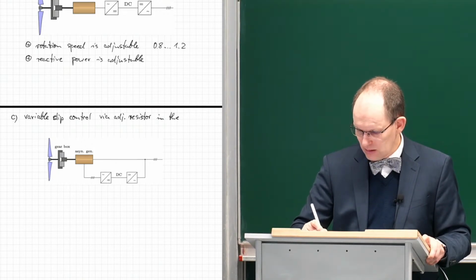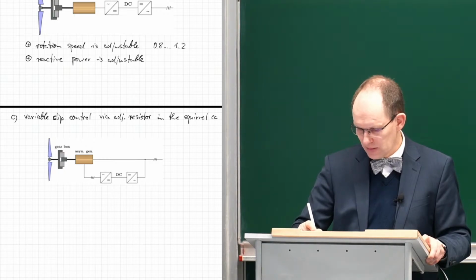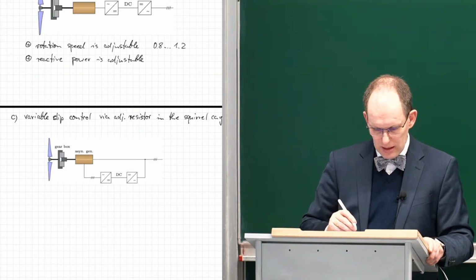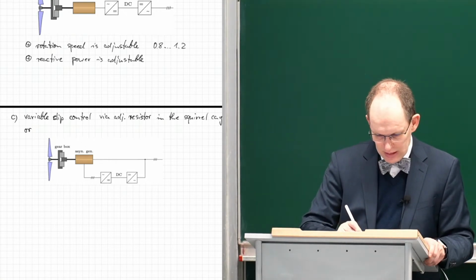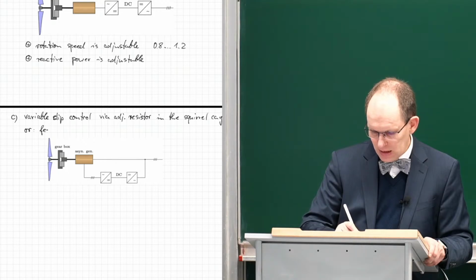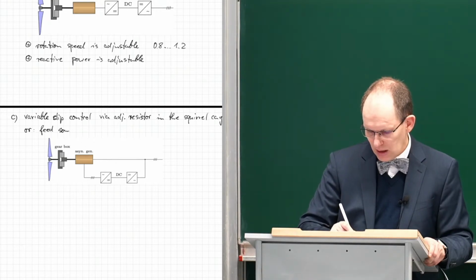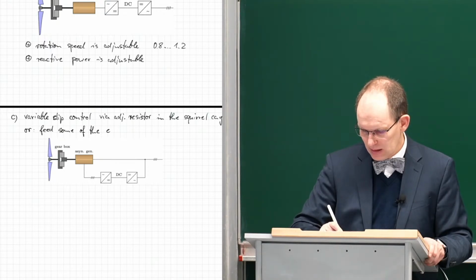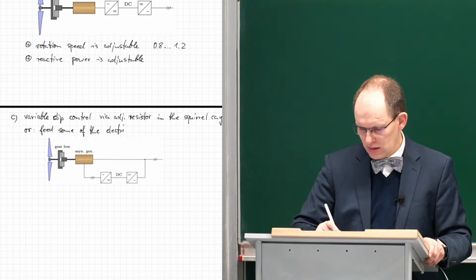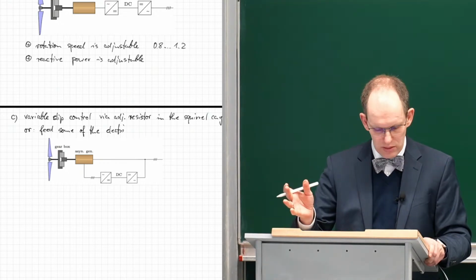In the squirrel cage, or which is the modern version, feed some of the electricity produced in the squirrel cage also to the grid.